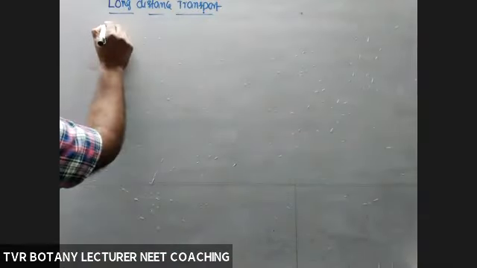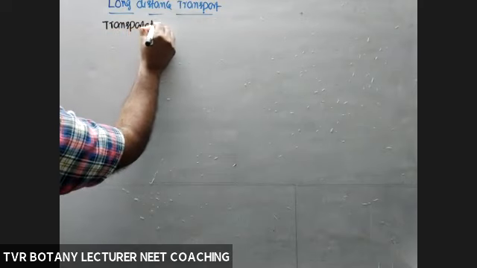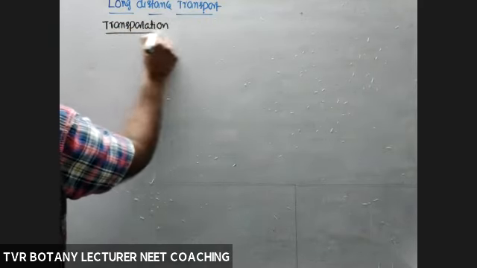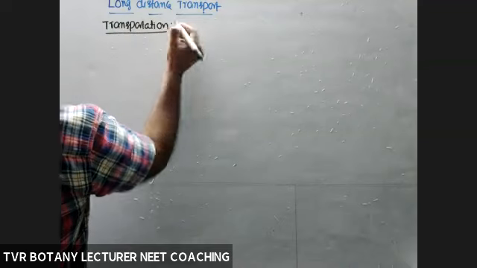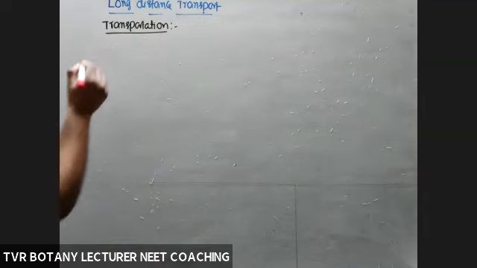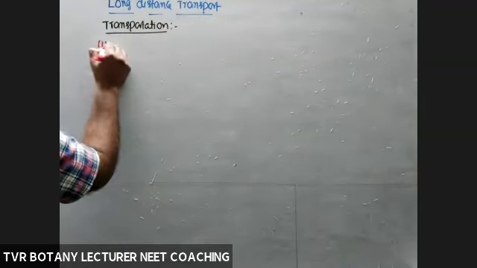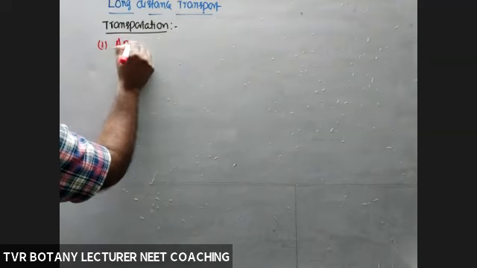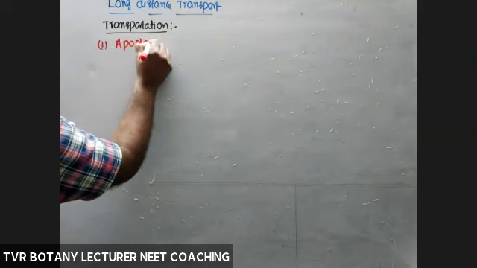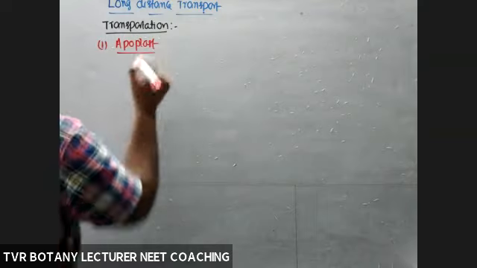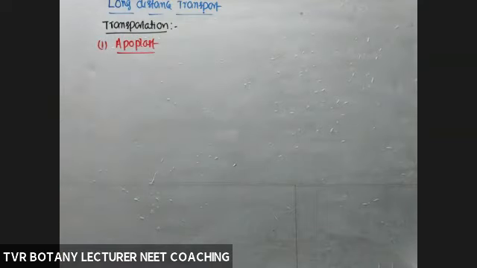Okay, so transportation, we can divide transportation into two categories. What are they? One is apoplast movement. Apoplast transportation. So what are the structures which are involved in apoplast movement?